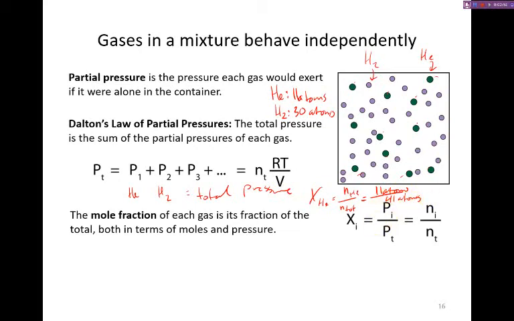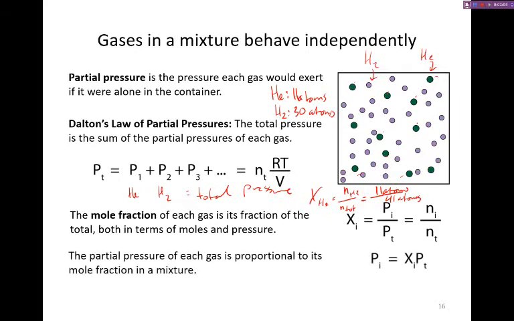We would do a similar process when determining the mole fraction of the hydrogen. Instead, it would be 30 atoms in the numerator and 41 in the denominator. And so, because the number of particles is proportional to the pressure, and the mole fraction is the ratio of either the pressure or the particles, the partial pressure of each gas is proportional to its mole fraction in the mixture.